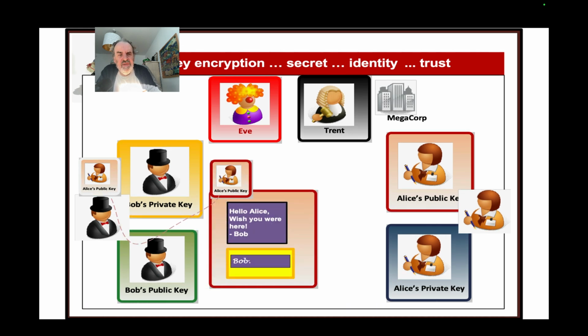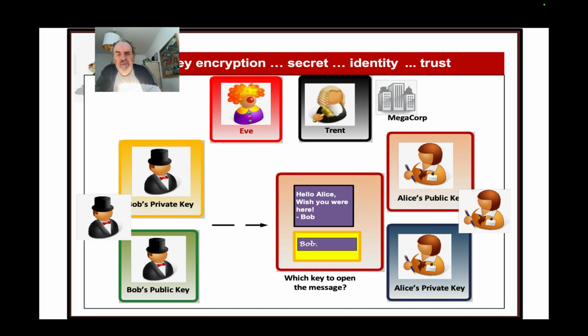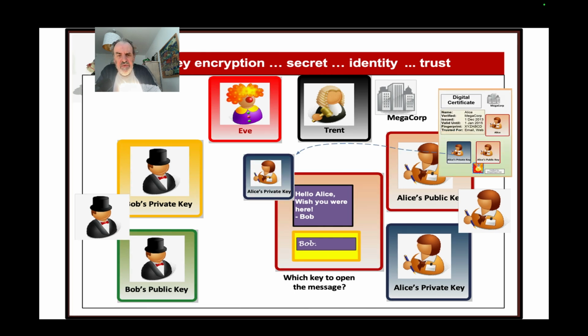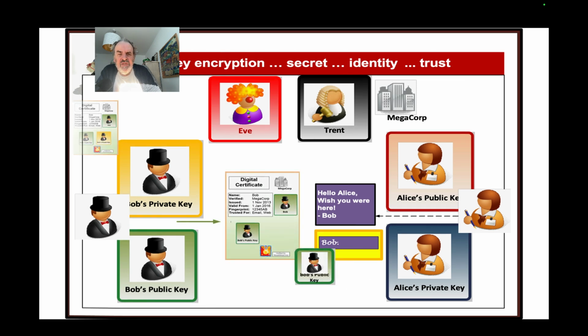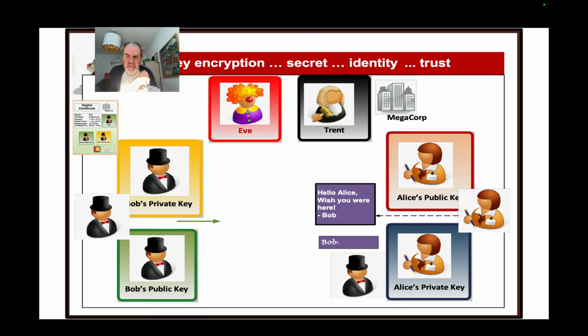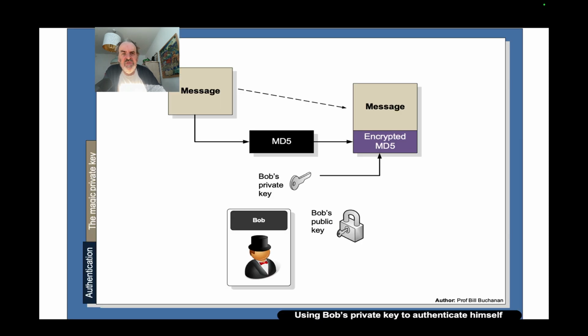He'll then encrypt the whole of that with Alice's public key, send that over, and then Alice will use her private key to be able to decrypt that and read the message. Then she needs to check the signature, so she'll get Bob's public key from the digital certificate that's been signed by Trent, and then be able to check the signature to show that it was signed by Bob.